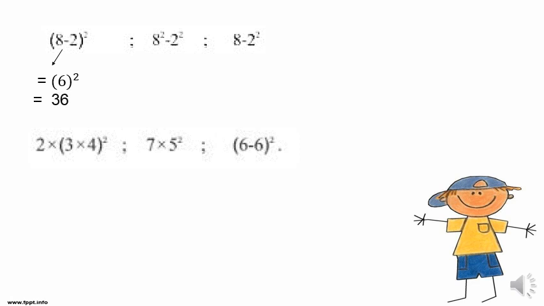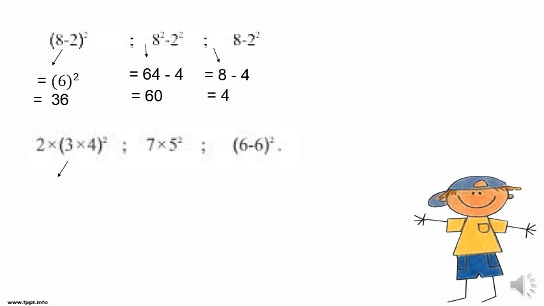The second one, 8 squared, which is 64, minus 4, which will be 60. They also have different answers because we can't distribute the exponent over subtraction. The last one, first let's solve the exponent, which will be 8 minus 4, to give me 4.